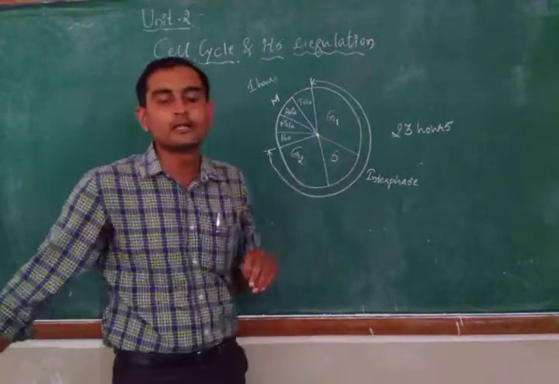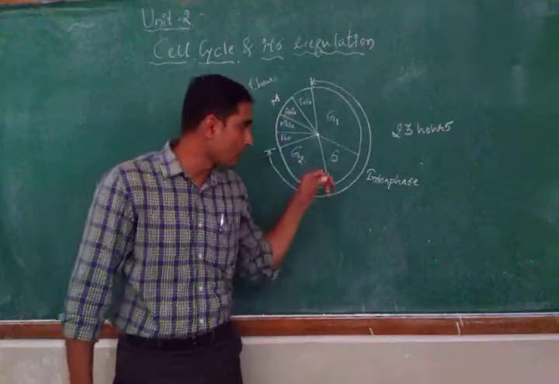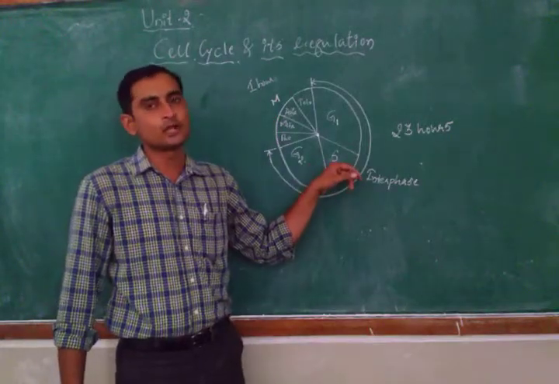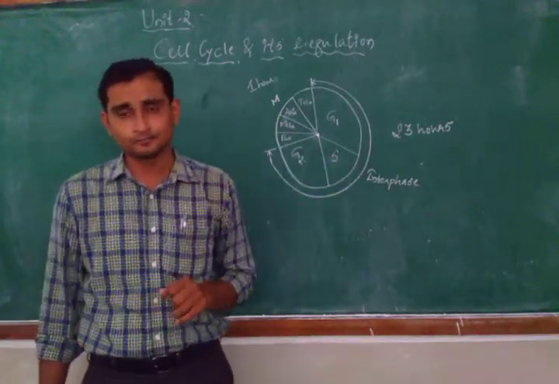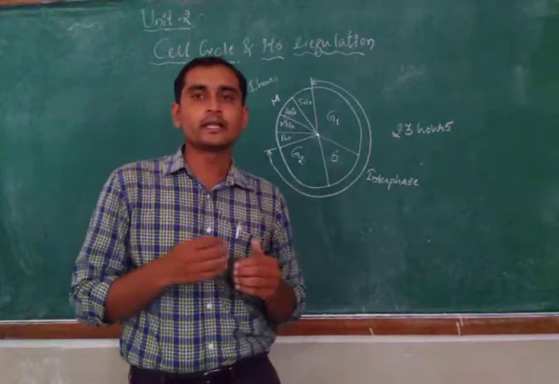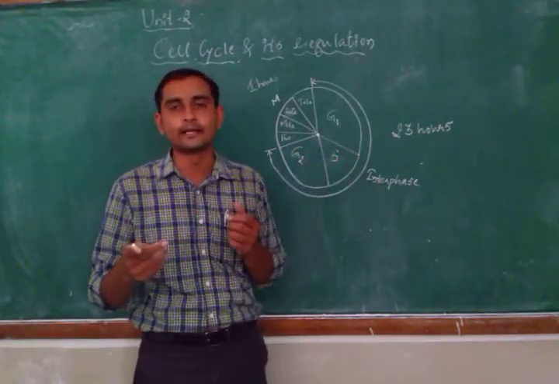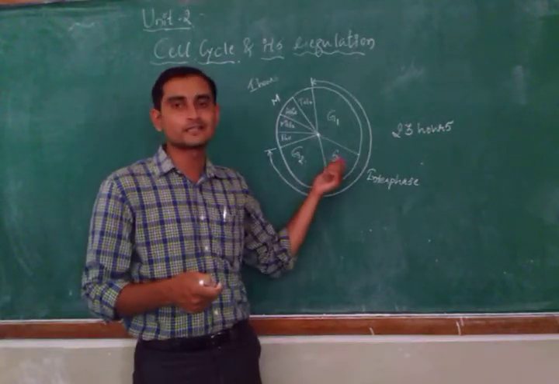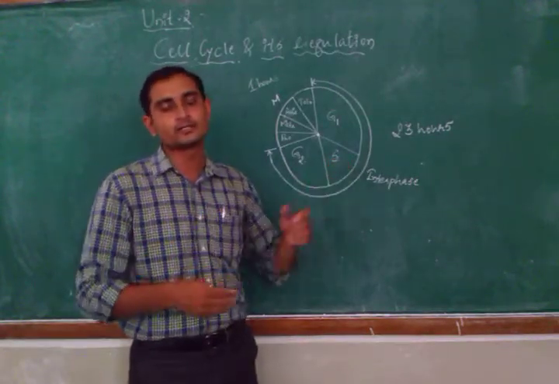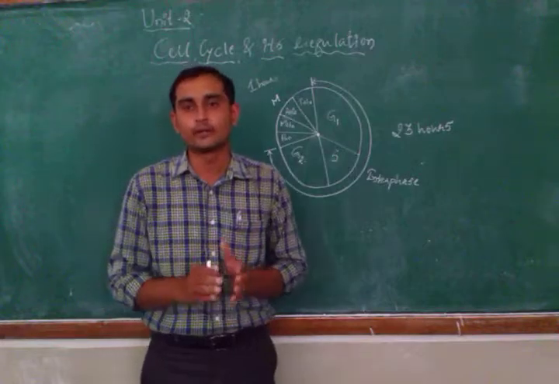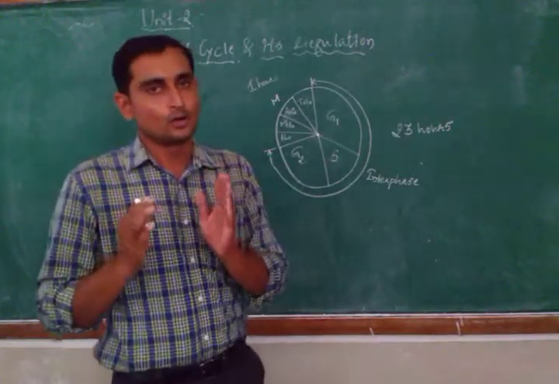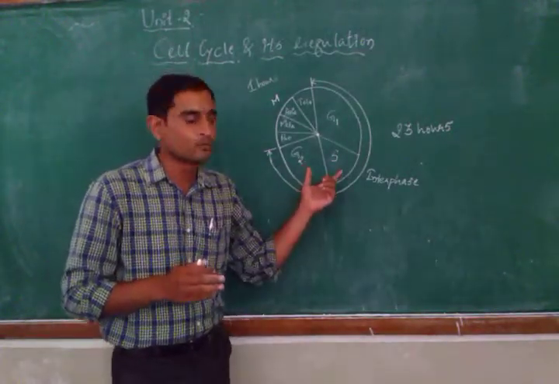G1 is actually the preparatory phase for undergoing S phase. As we know, in S phase the DNA content or chromosomal content of the cell is duplicated. S stands for synthetic phase. In S phase, there is replication of DNA to make 2 copies to be distributed to the daughter cells.